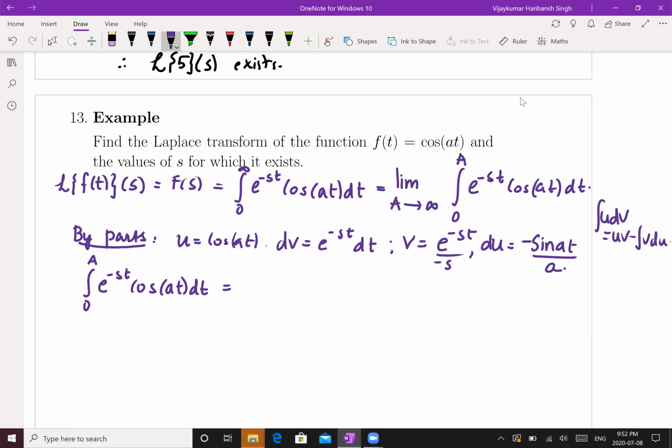So uv is going to be minus e to the power minus st over s cos of at.